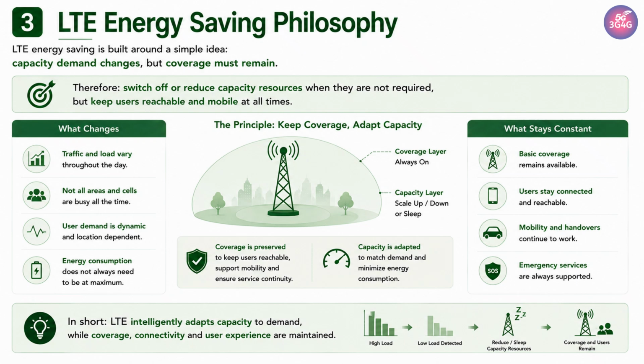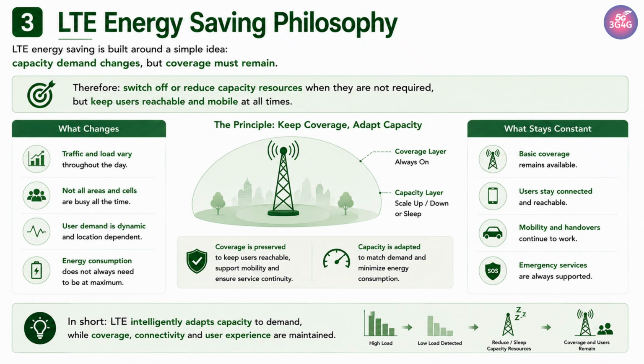But coverage is different. Users still need to be reachable. Idle users still need to camp on a cell. Mobility still needs to work. Emergency services still need to be available. So LTE energy saving tries to switch off or reduce capacity resources when they are not required, while keeping users reachable and mobile.